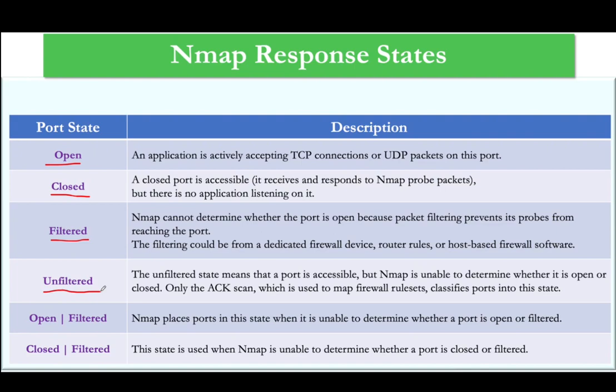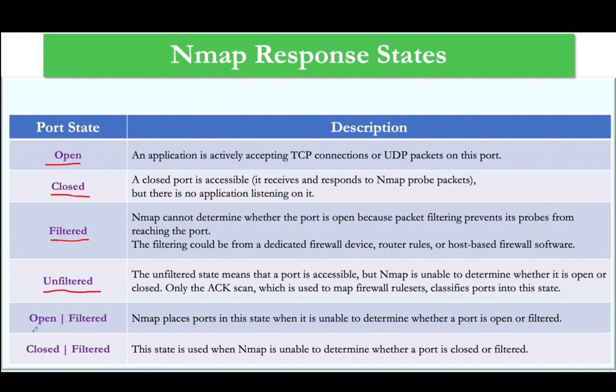Only the acknowledgement scan, which is one type of port scan used to map firewall rule sets, classifies ports into this state. Scanning unfiltered ports with other scan types such as window scan, SYN scan, or FIN scan, which we are going to talk about, may help resolve whether the port is open.